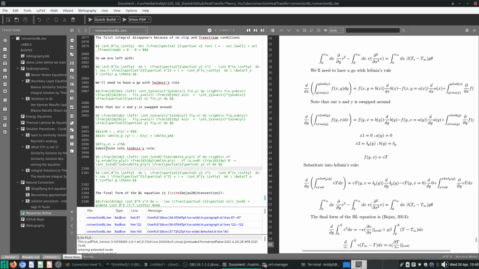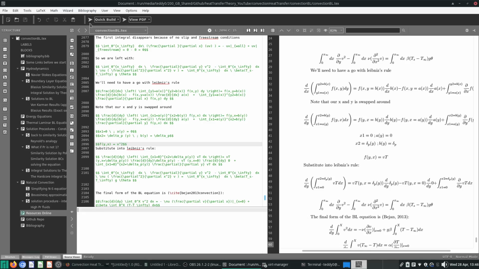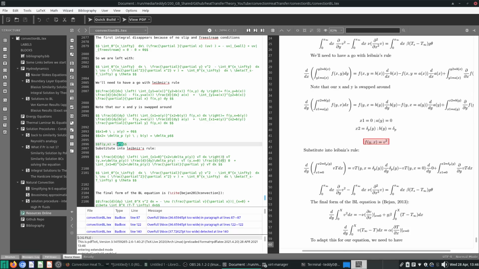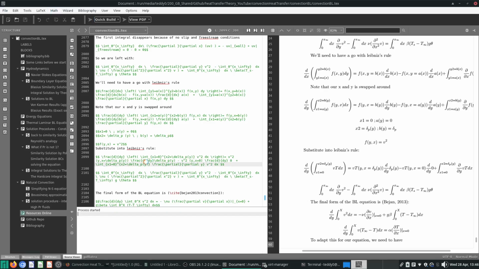The only thing is that f of y and x is just equal to v square instead of v and t. So since everything is kind of the same, I can just copy and paste v square everywhere I see vt.